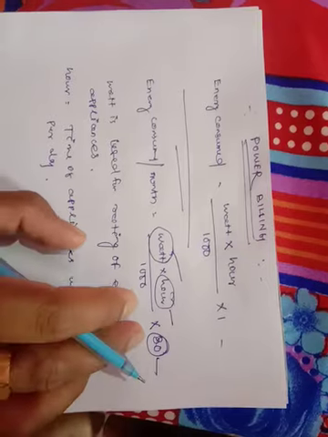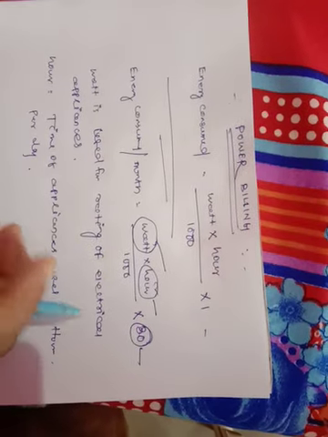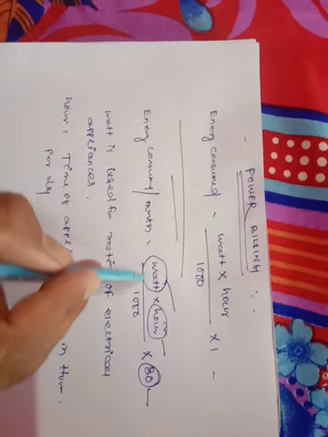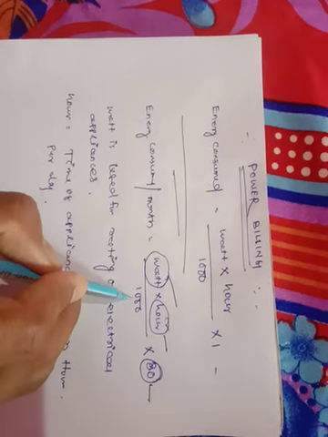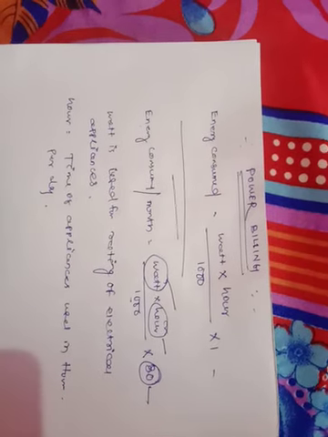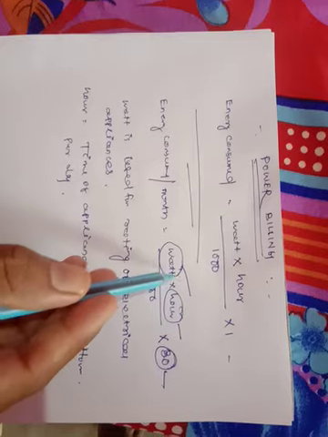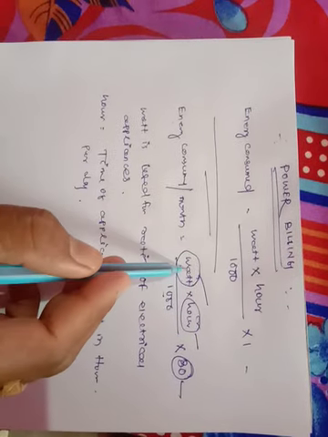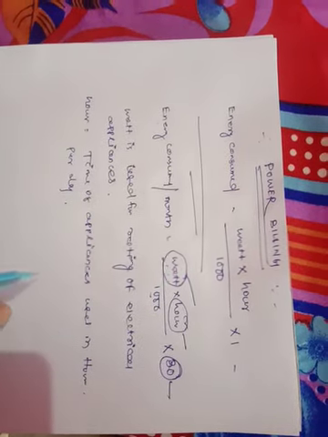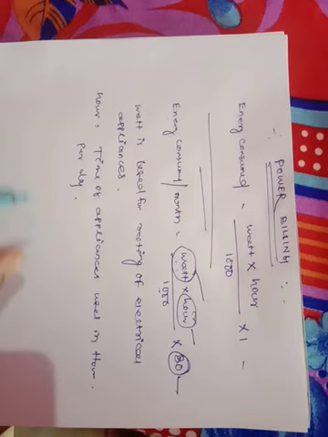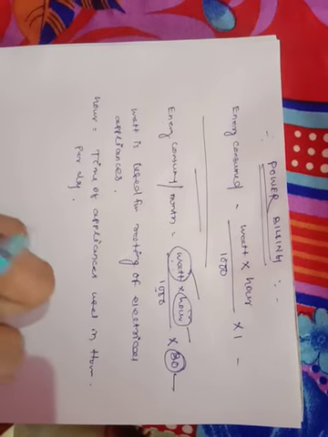If you take it per month, according to the average of the month, then energy consumed per month equals watt into hour divided by 1000 into 30. Watt is the unit of power, and hour is the time the appliances are used in hours per day.